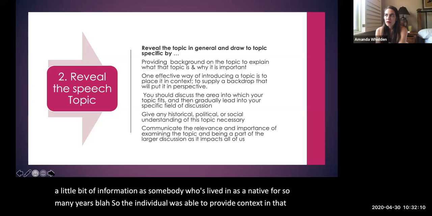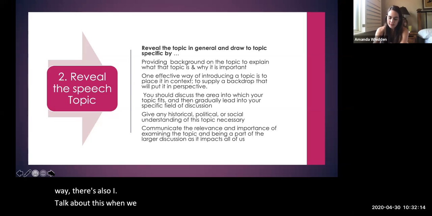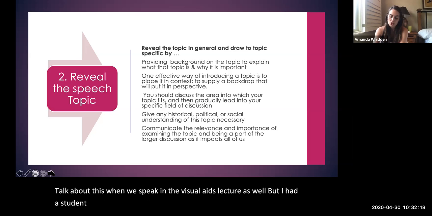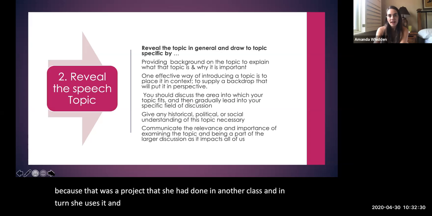There's also, I talk about this in the visual aids lecture as well, a student once at Moorpark College who did a model of Alcatraz because that was a project that she had done in another class. And in turn, she used it and she talked to all of us as if we were prisoners arriving at Alcatraz, and she was the guard.